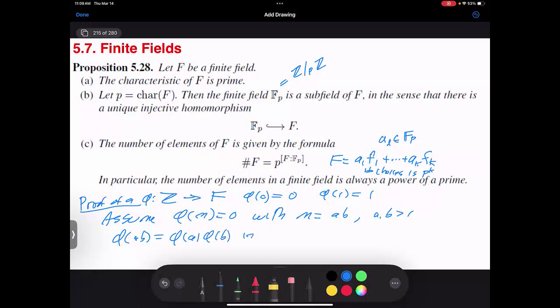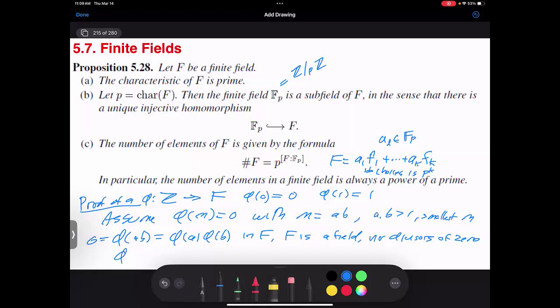These are in F. F is a field, so it has no divisors of 0. Right? But if this equals 0, then either phi of A equals 0 or phi of B equals 0. And this contradicts the minimality of M. So we were choosing the smallest M.